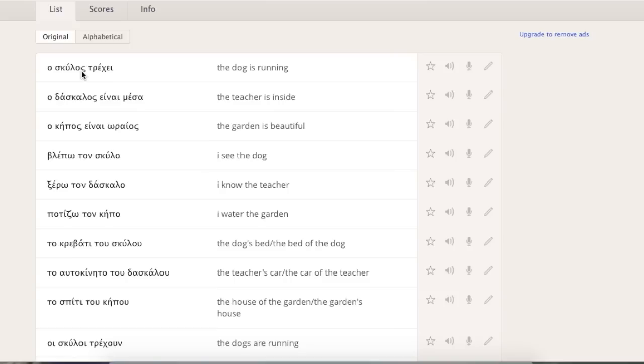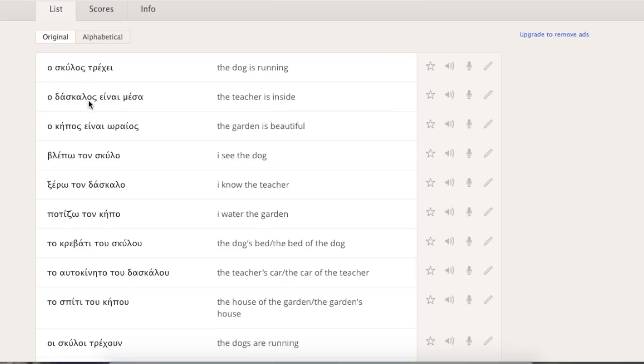And what does that mean? That means that the dog is doing the main action in our sentence. And how do I find a subject in a sentence? Very easily, I ask the verb who. In this case, the verb is running, so who is running? The dog.